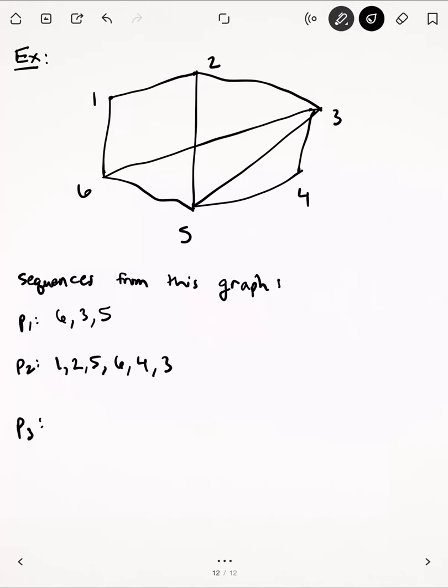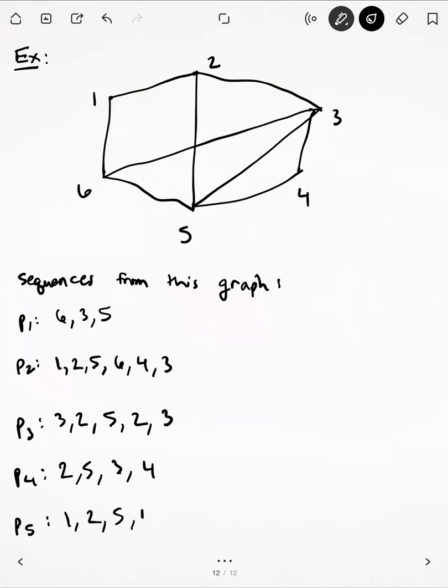P3 could be 3, 2, 5, 2, 3. P4 could be 2, 5, 3, 4, and P5 could be 1, 2, 5, 4, 3, 6, 1. Okay, so why did I do these?